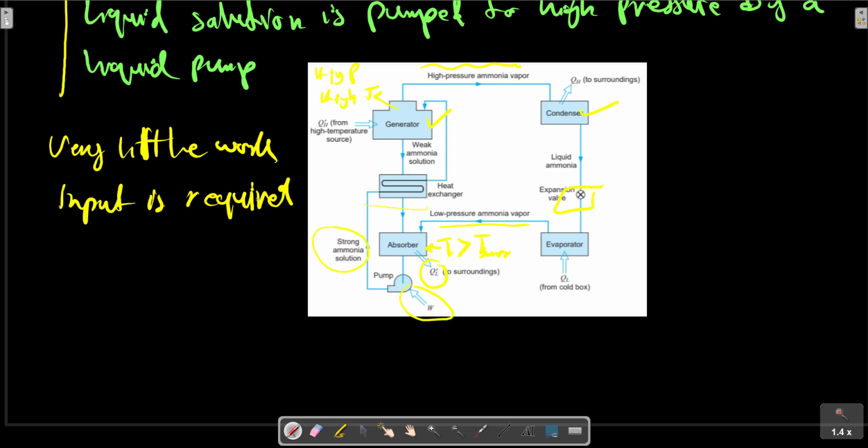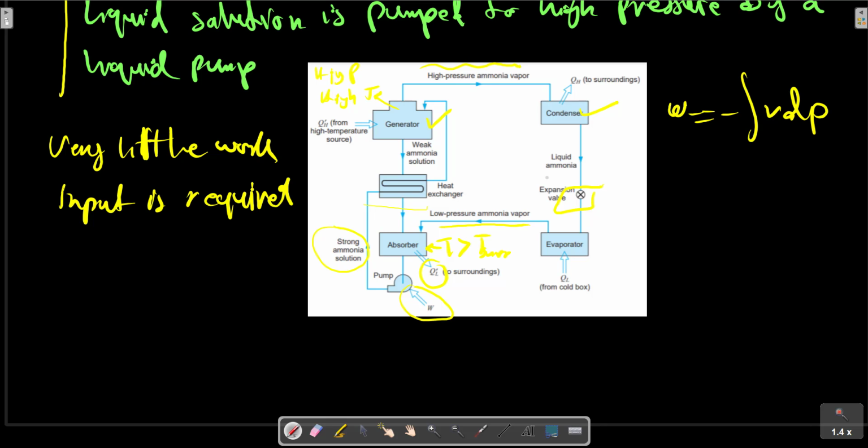This follows from the fact that for a reversible steady-state process with negligible change in kinetic and potential energy, the work is equal to the integral of v dp, and the specific volume of the liquid is much less than the specific volume of the vapor.